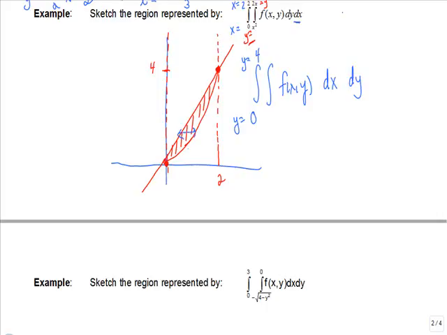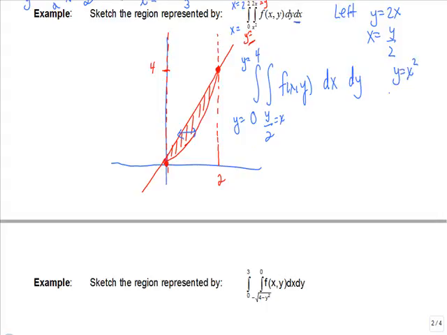The left graph is the line, so that's y equals 2x. But remember, I don't want y equals, I want x equals, so that's going to be x equals y over 2. So the left will be y over 2, and I could put equals x, but the y over 2 is what I need. And then the upper one, or the right one, was y equals x squared.